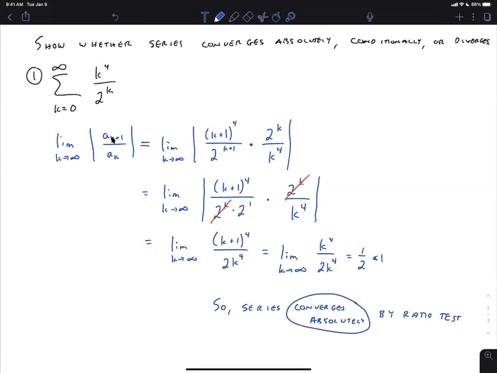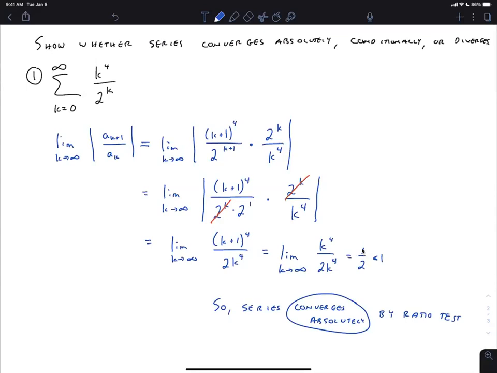So like this is the 100th term divided by the 99th term, or the 2001st term divided by the 2000th term. And so to get from one term to the next, eventually, when you divide each term, you get about 1/2, which means in the long run, to go from one term to the next, you're multiplying by 1/2 every time.